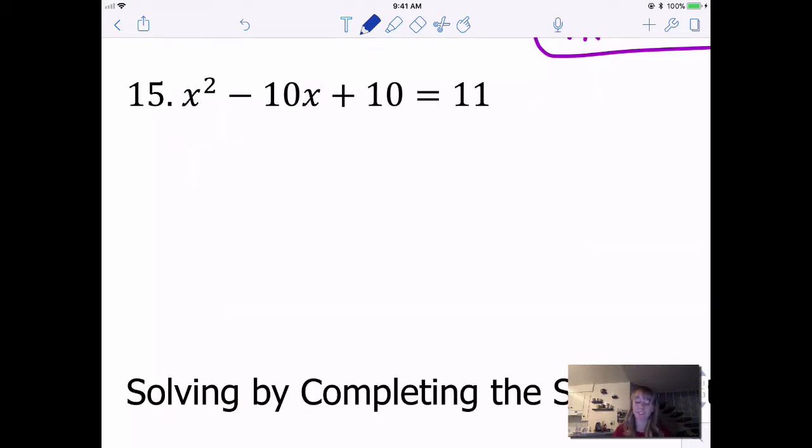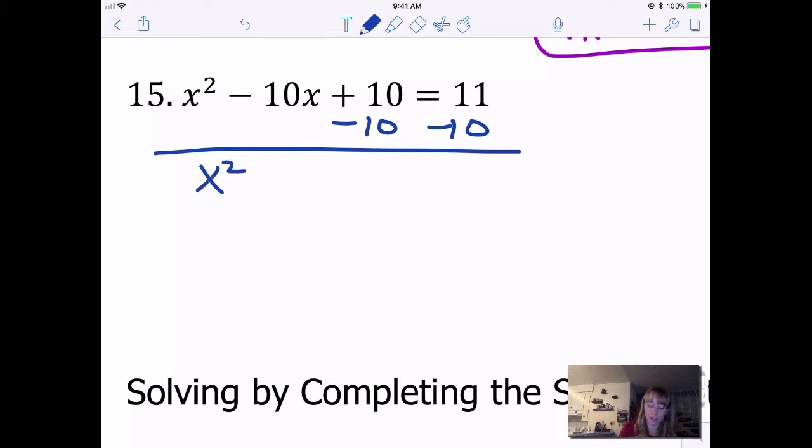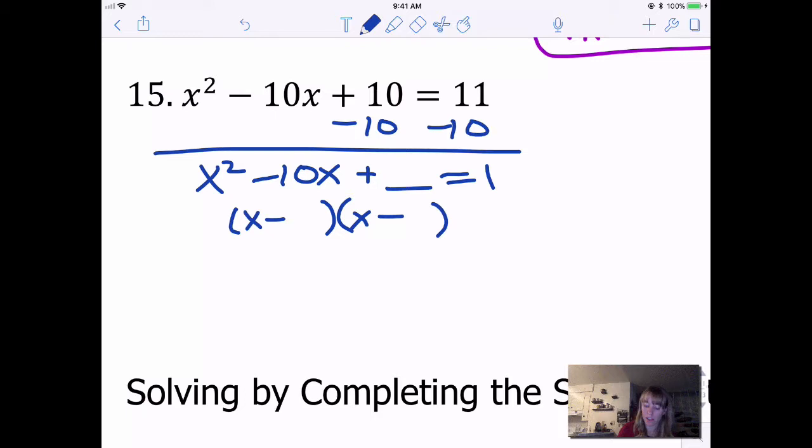Number 15, I want to complete the square, but I've got an extra 10. Get rid of that 10. x squared minus 10x plus blank is equal to 1. I get x and x. I want to know what goes in the parentheses first of all.